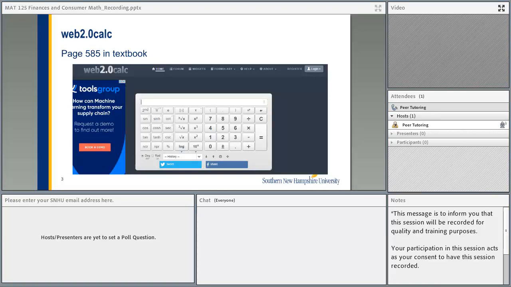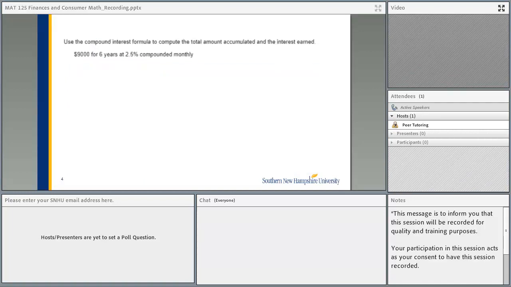If you search for Web 2.0 Calc, you can access it. It has been recommended by several students. Also, on page 585 in your textbook, there are excellent instructions on how to enter these numbers into your calculator according to the formulas you're given.